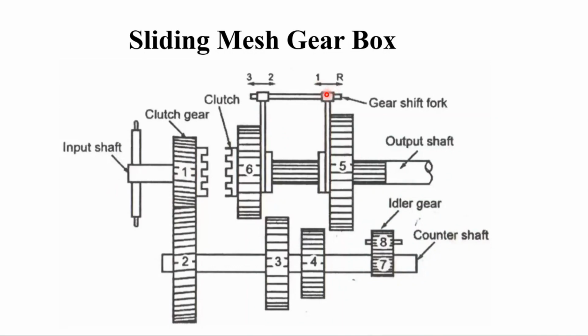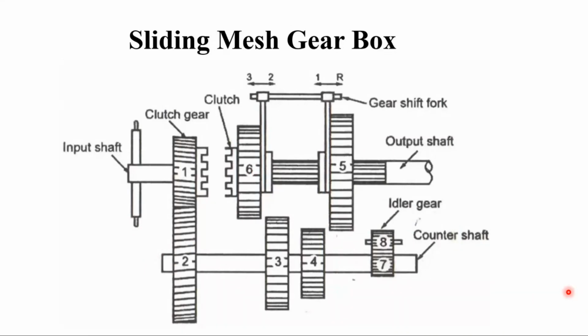When you're moving the gear from neutral to first gear, you can see that this is the first gear and this is the second gear. Third gear moves towards the left, and reverse gear will move towards the right. It has different gears like gear 1, gear 2, gear 3, gear 4, gear 5, gear 6, gear 7, and gear 8. This is basically a 3-speed sliding gearbox layout.